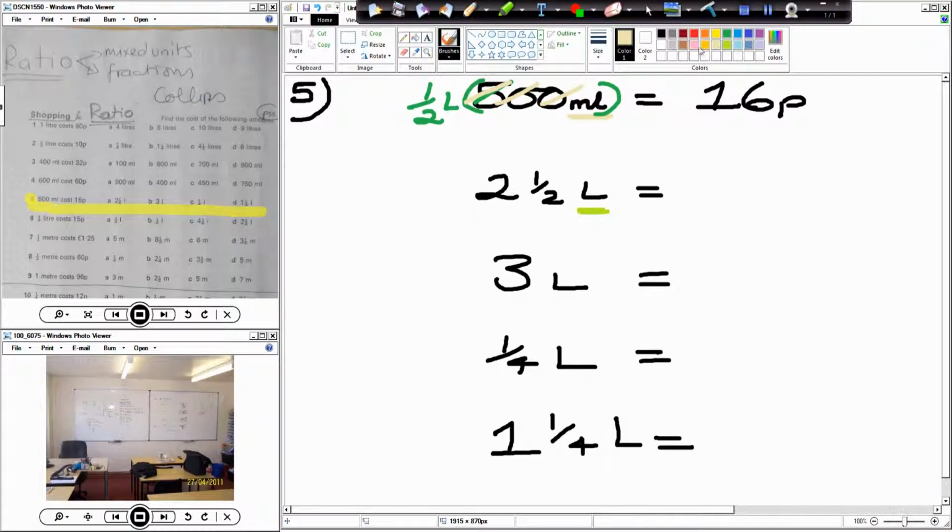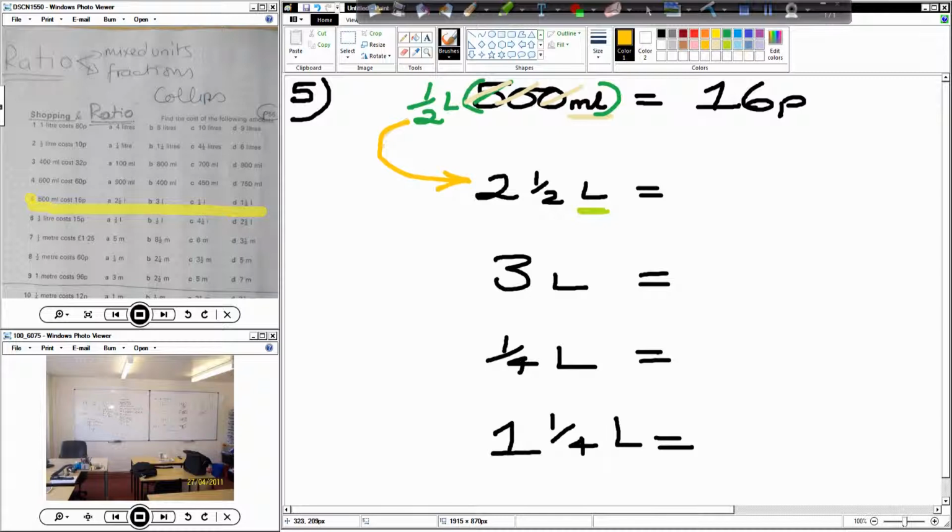Okay, half a liter to 2.5 liters. Who's feeling that they know how to do this one? I want to go from half a liter to 2.5 liters. What do I do? What we do on one side, we do on the other. Mr. Ali, what do we do? Half times 4 will give you 2, so you times it by something a bit higher than 4. 5.